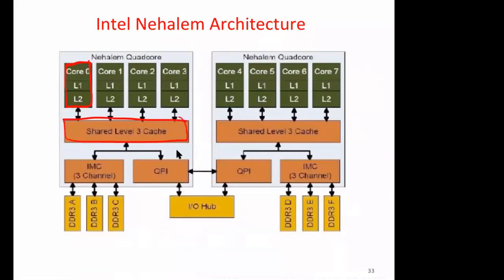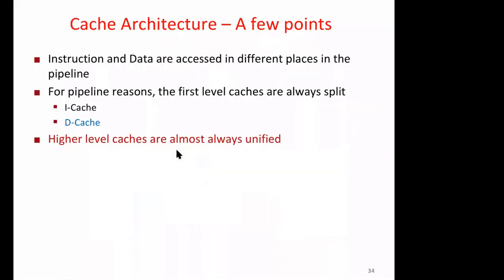But you can see different processors have different structures. Here 4 cores are sharing one L3 cache. It could be 2, or it could be 8 cores sharing one L3 cache. So it totally depends on the design. I just wanted to show you 3 levels of cache, how they can be organized and interconnected. A few points to discuss.